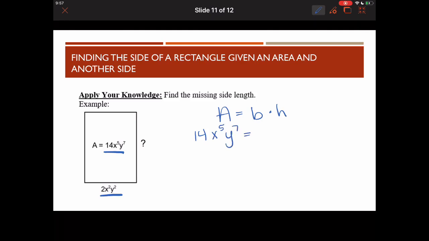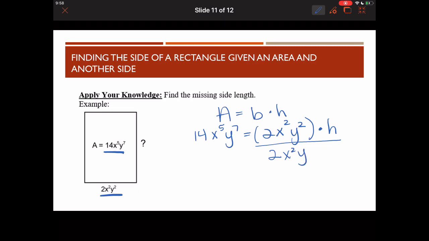The base is 2x squared y squared. And I'm looking for the height, right? So to find the height, I have to multiply 2x squared y squared times the height. So to solve for h, I would divide both sides by 2x squared y squared.